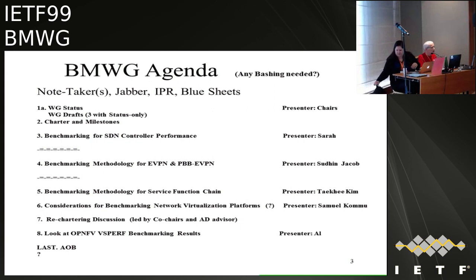So this year, what we're going to hear is a talk about the OPNFV VSPerf, that's the vSwitch Performance Project in the Open Platform for NFV. We'll hear about benchmarking results, test results actually from that project.